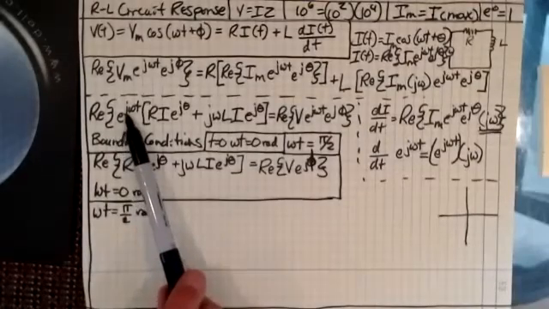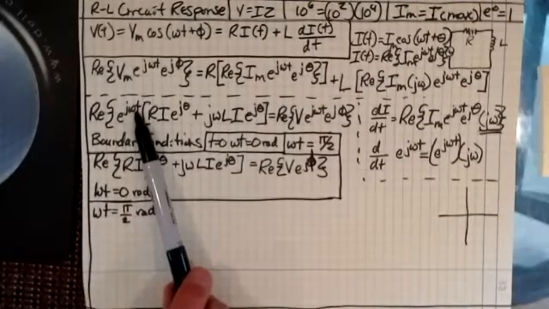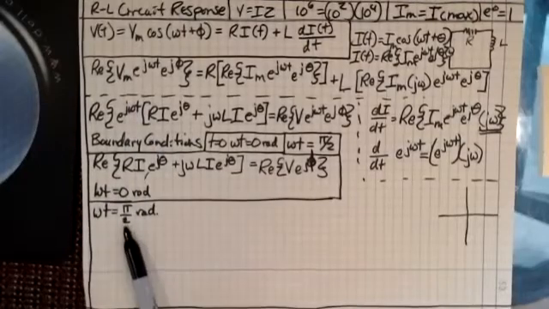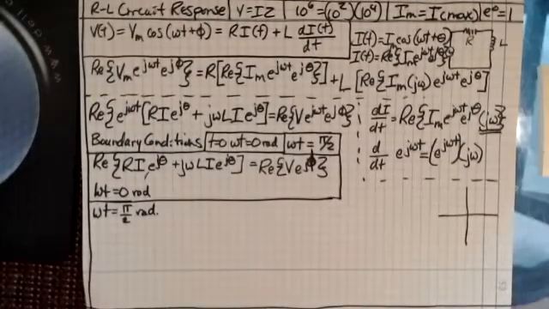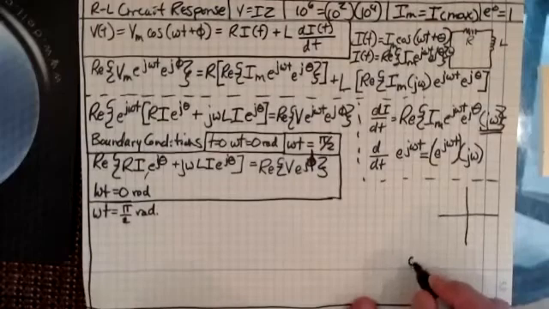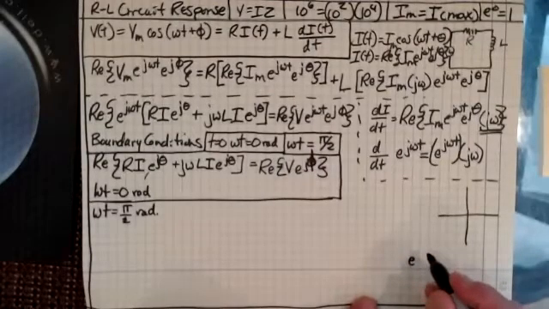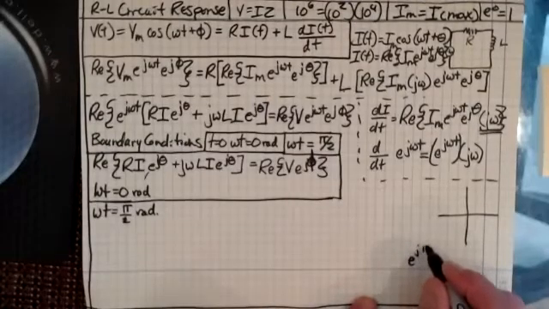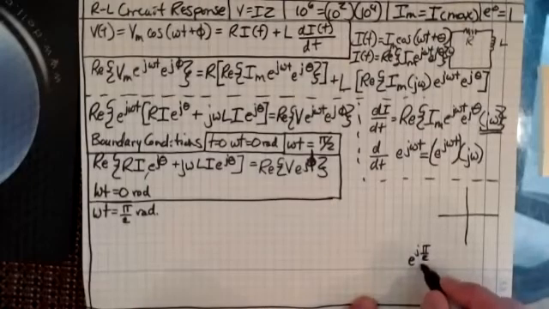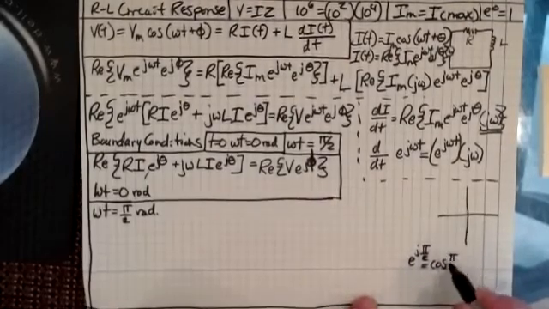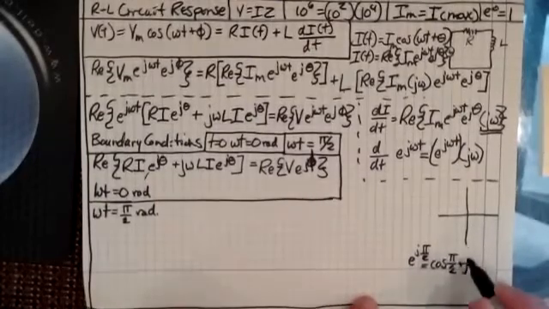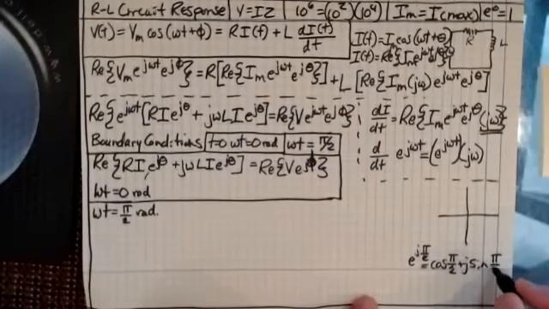E to the j omega t, and omega t is pi over 2 now. So it's really e to the j pi over 2. E to the j pi over 2 is equal to the cosine of pi over 2 plus j times the sine of pi over 2.